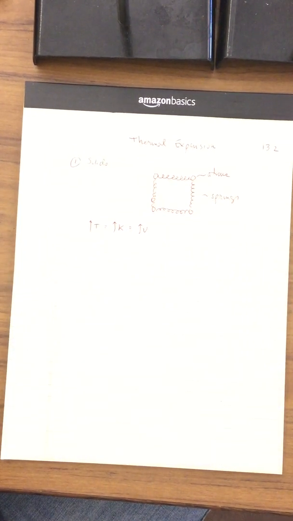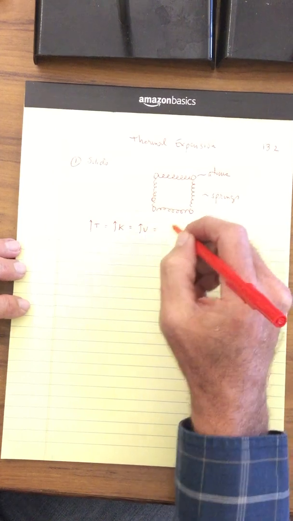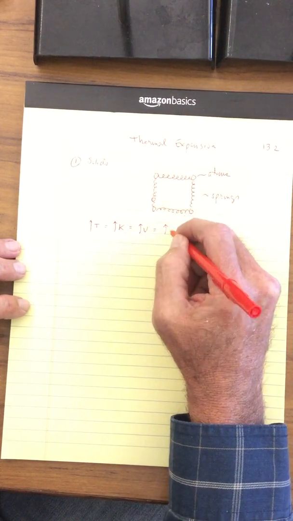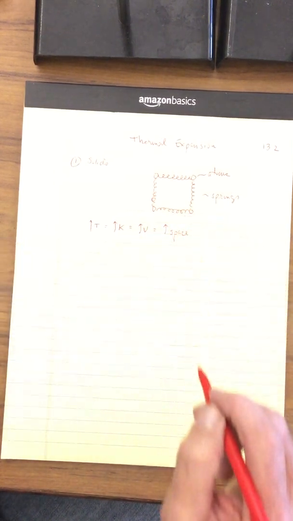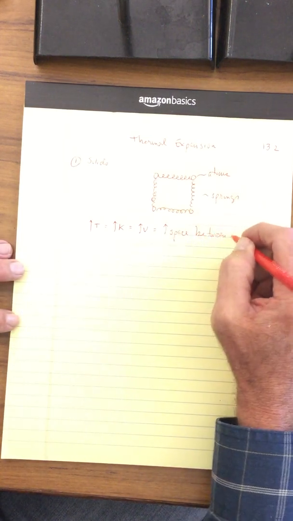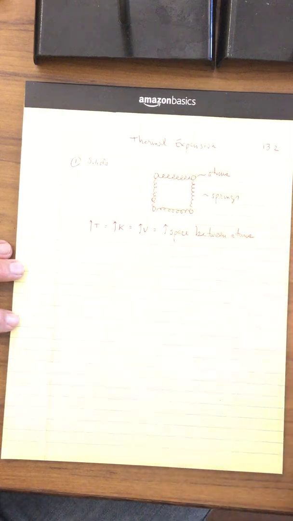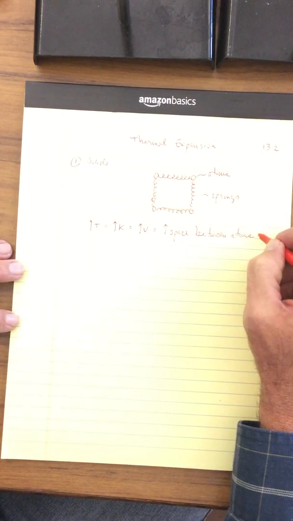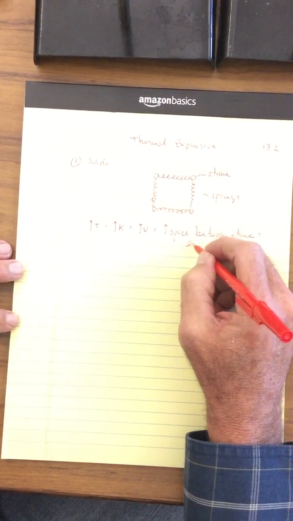And we've talked about this especially with gases, but that's why we increase the space between the atoms. You increase the space between the atoms, and that's what's providing your expansion.